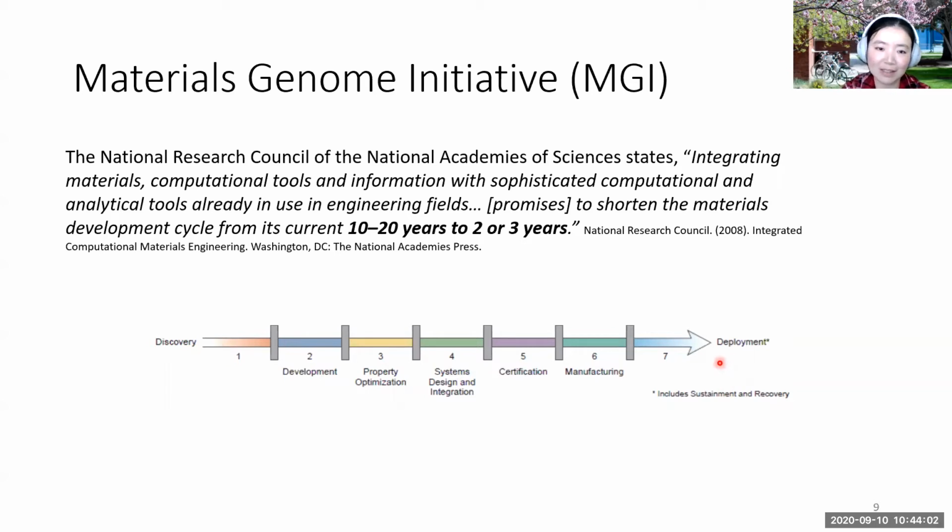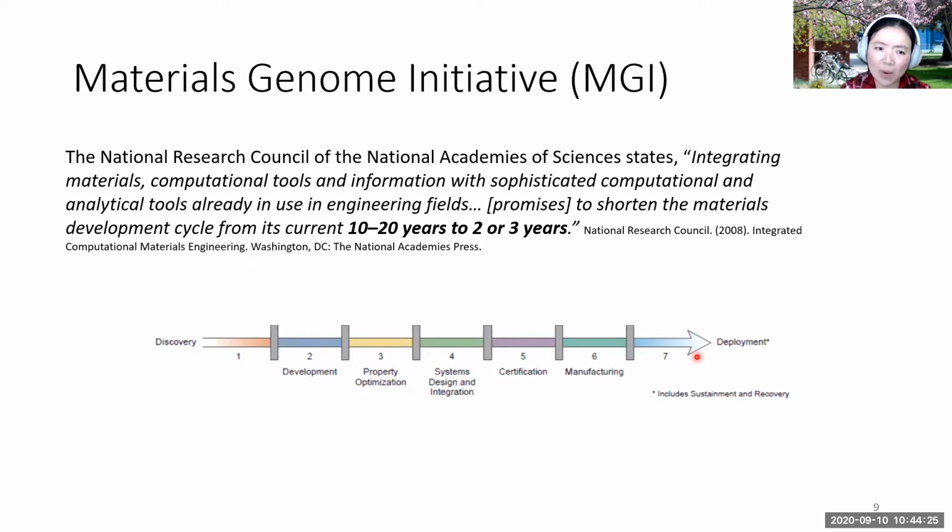The reason it takes such a long time is because you have to go through all this complicated process. And then you have to continue to validate your tool and your material, to make sure you can synthesize or produce it on a very large scale to meet the market requirements. And so this is too long, the government thinks.